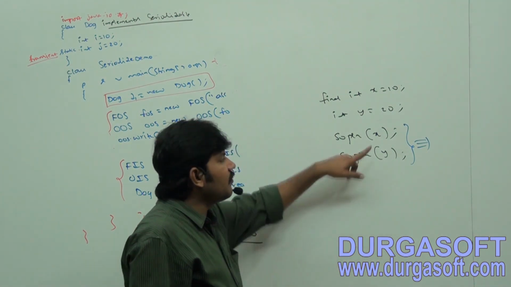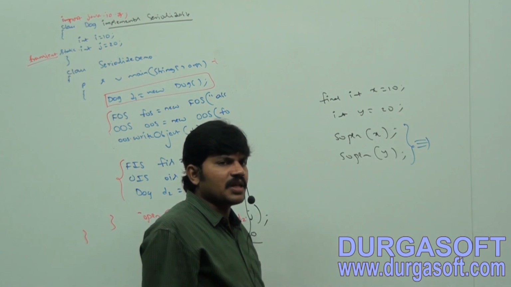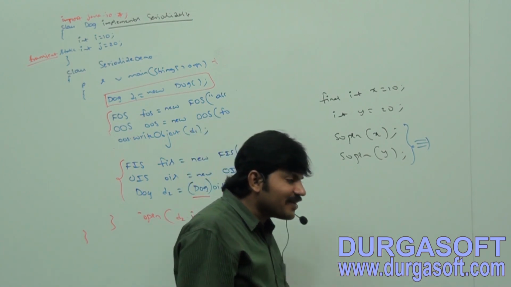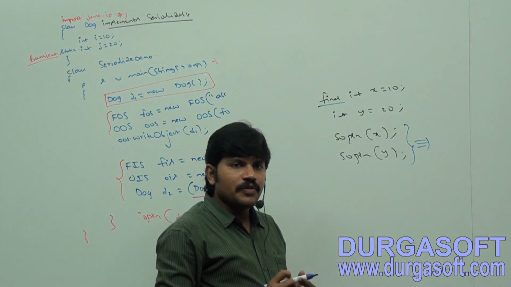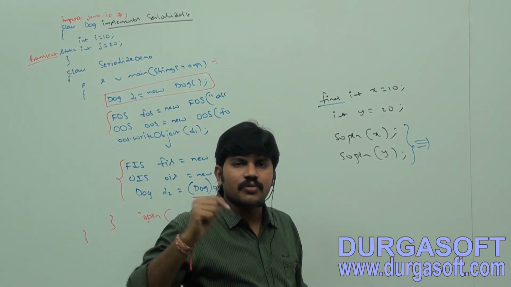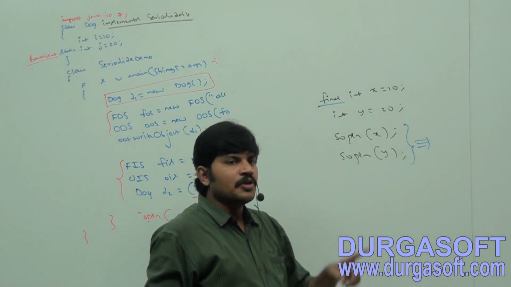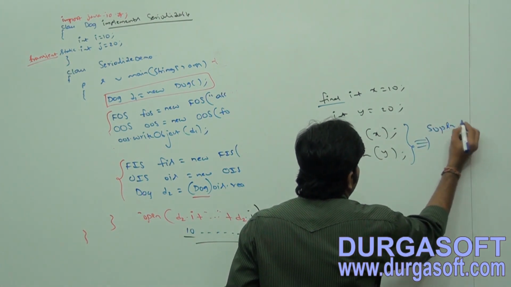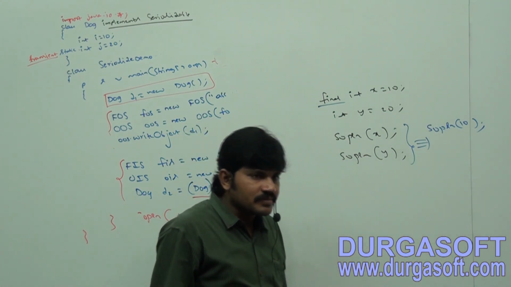Can you tell what the x value is? 10. Can I use the x value always as 10? Yes, because it is final. If it is always 10, why do I have to wait until runtime to replace it? At compile time only, every final variable will be replaced with the value directly. Can you tell what the y value is? 20.